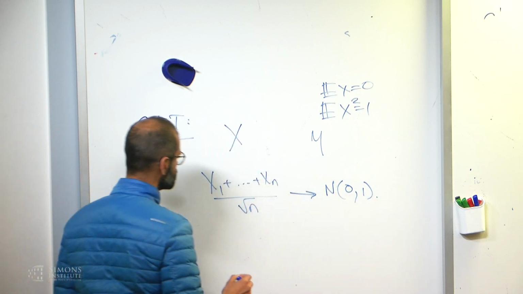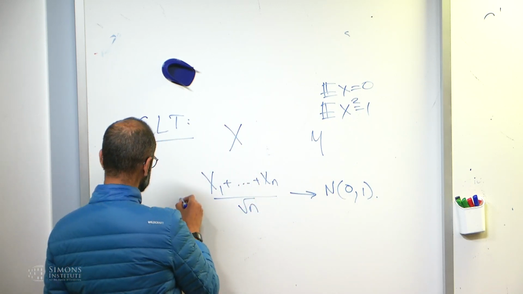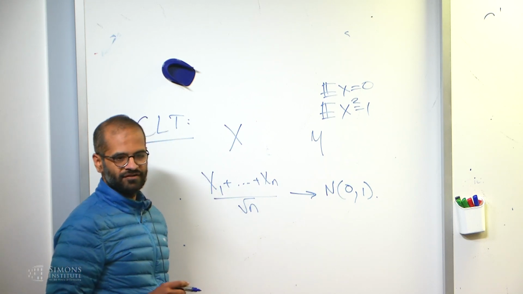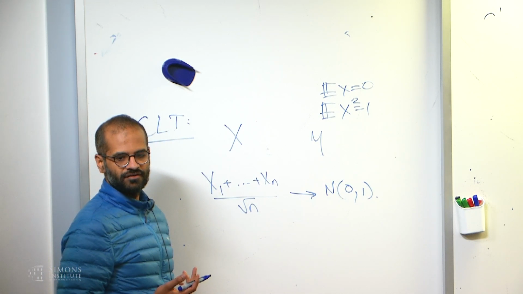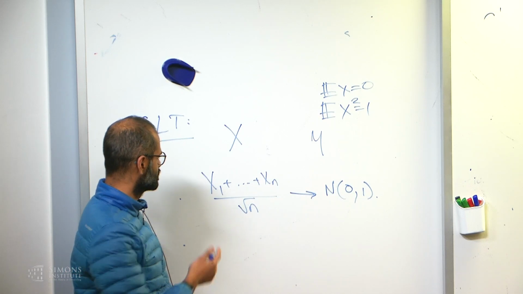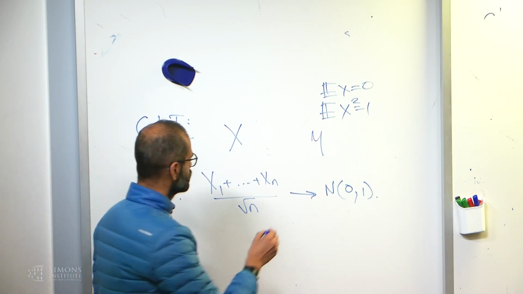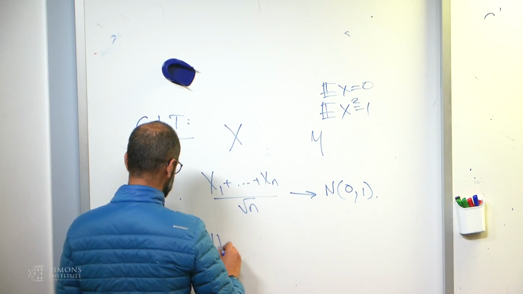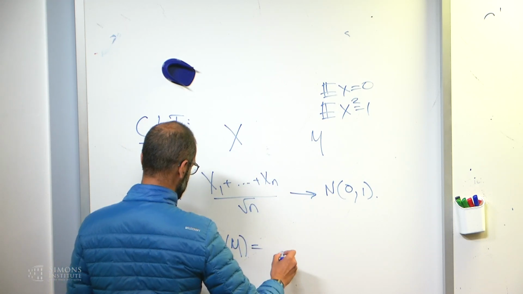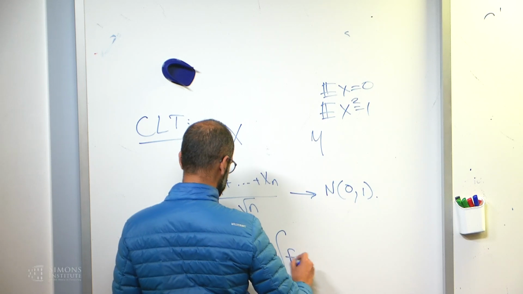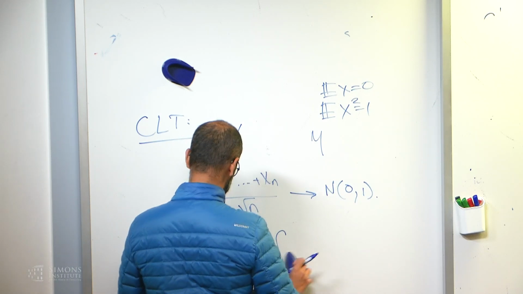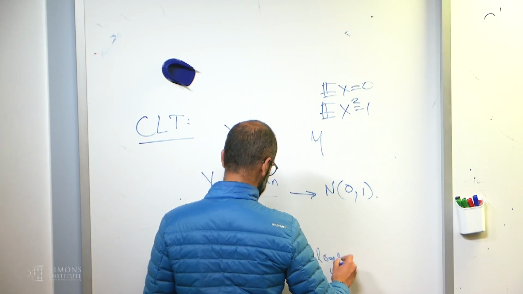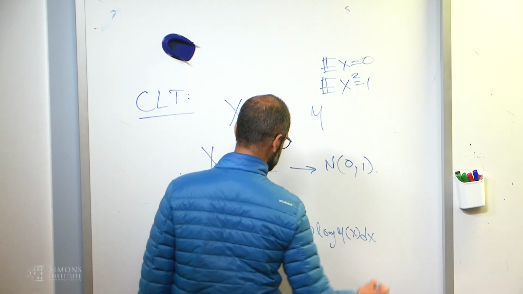That's the CLT. But there's actually a more quantitative version of this fact that says something about the entropy of these random variables. Let's define the entropy of a measure in the usual way. If it has a density, it's just that. That's the entropy.